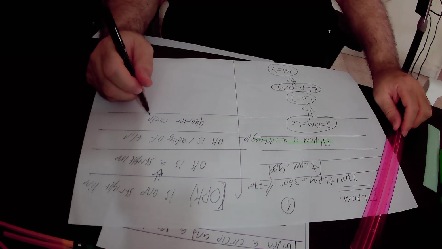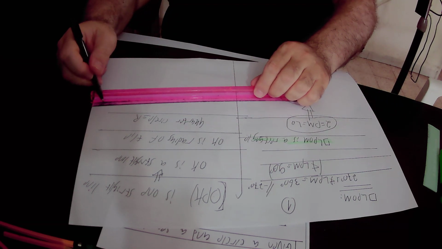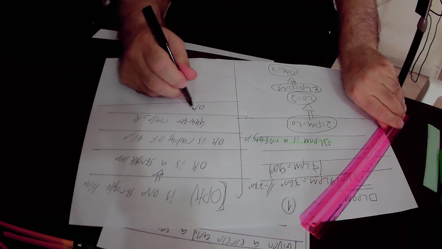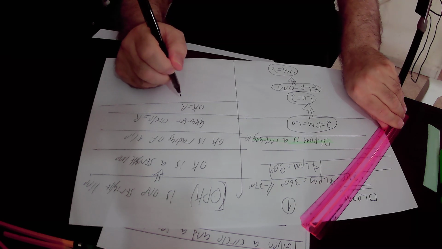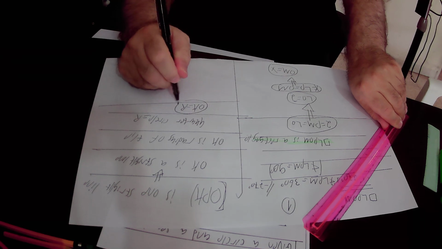We define the radius of the quarter circle as capital R. Therefore, OK equals capital R, the radius of the quarter circle.